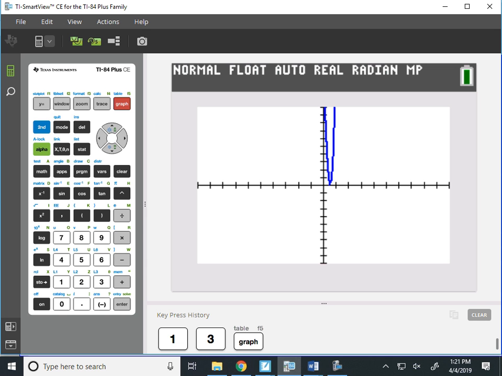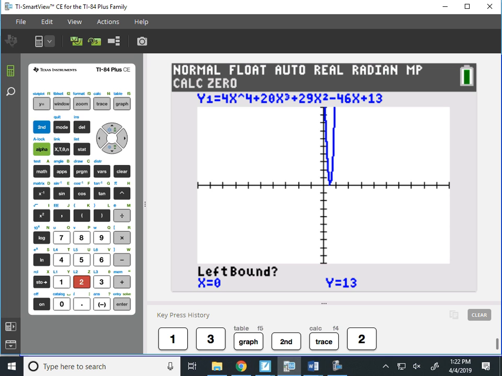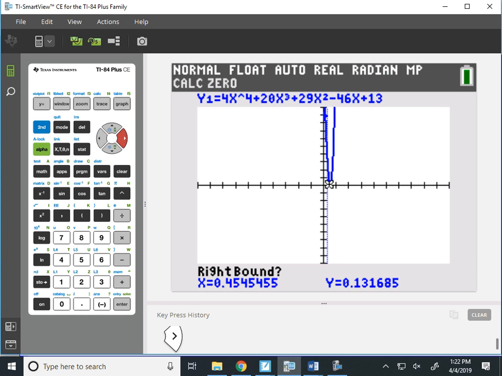Now, when I look at this polynomial, how many unique x-intercepts does it appear to have? Just one right now. So let's trace it because it doesn't look like I can just eyeball it this time. So we'll do second trace. Which option do I choose for root? 0. And then we'll bring our cursor down. Enter on the left, enter on the right.